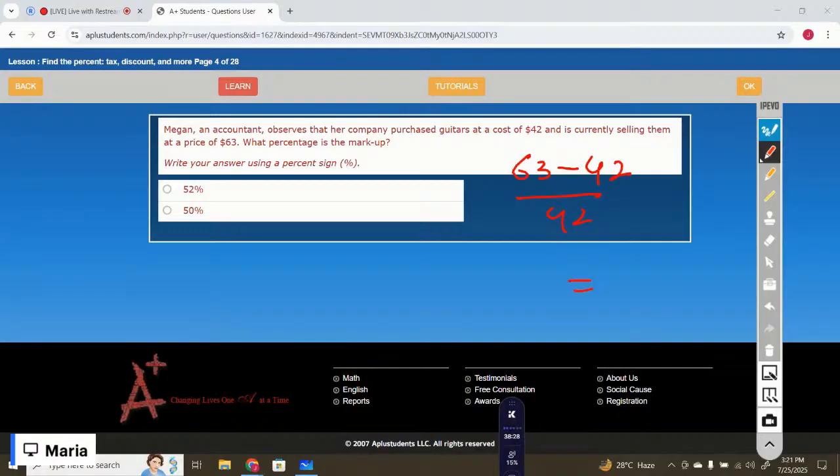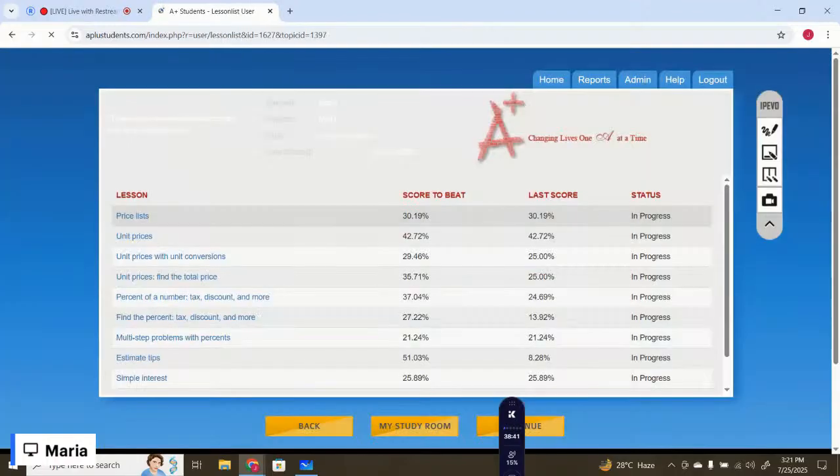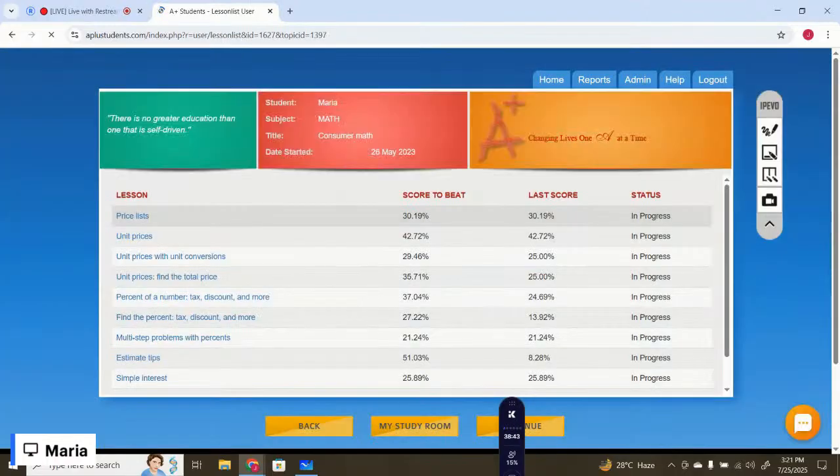That is 50%. Okay, you can complete the lesson by yourself later today. Let me just move on to the next lesson: multi-step problem with percents.